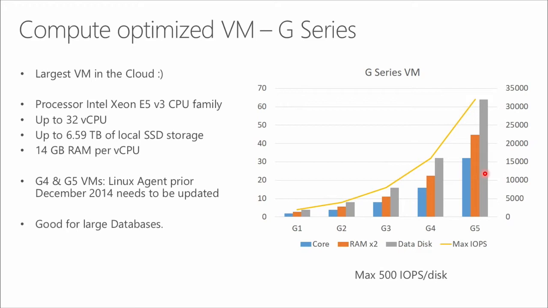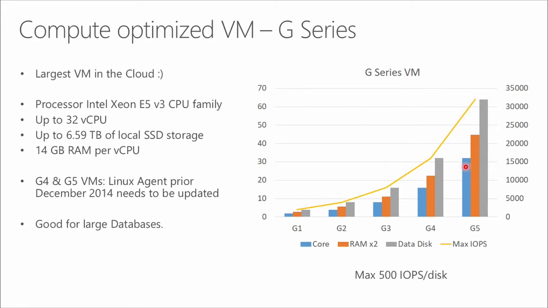We'll come to who has the biggest machine in a minute, but I like to say this is the largest VM in the cloud as of today. It runs on those Xeon E5 v3 CPU families. You can go up to 32 virtual CPUs in one VM. That's the G5, that goes up to 32.